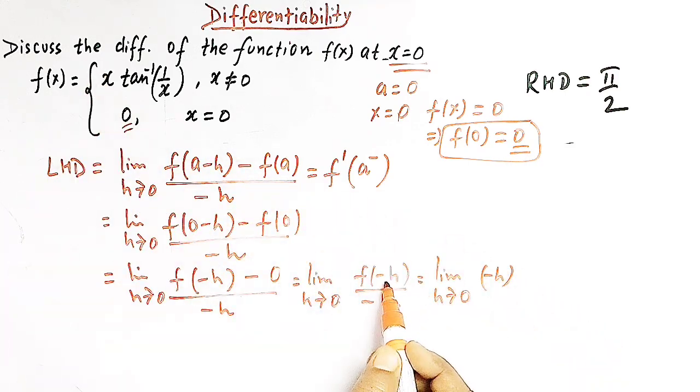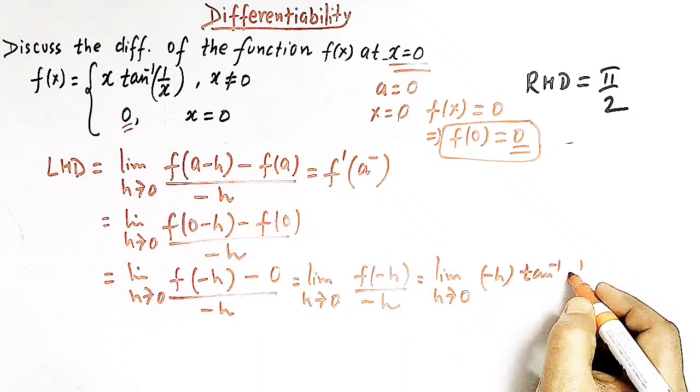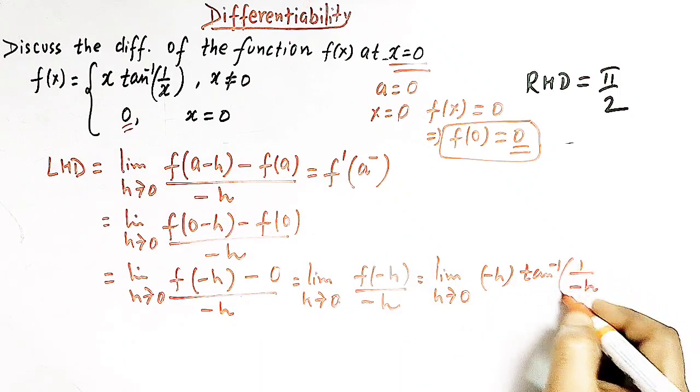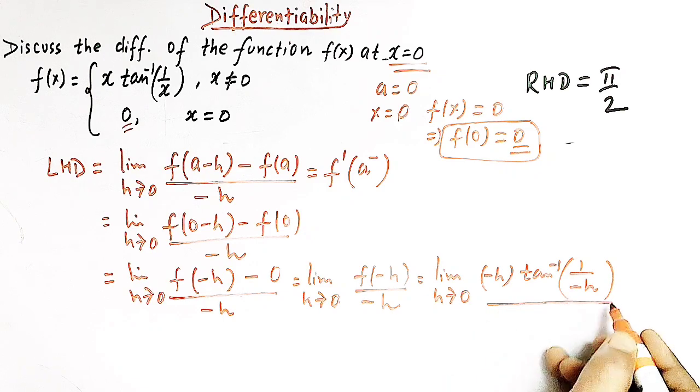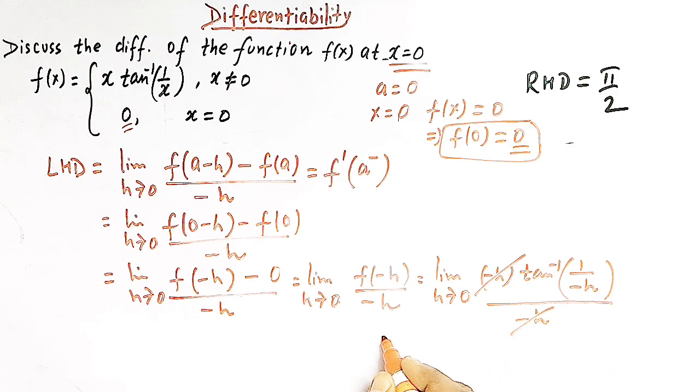For x we have minus h, and then we have tan inverse 1 over minus h, and in the denominator we have minus h. So now this minus h and this minus h get cancelled. We have limit h tends to 0, and we have tan inverse of minus 1 over h.